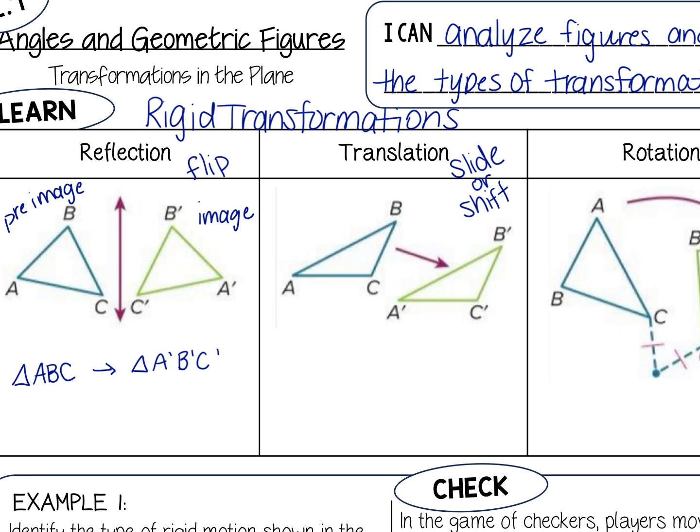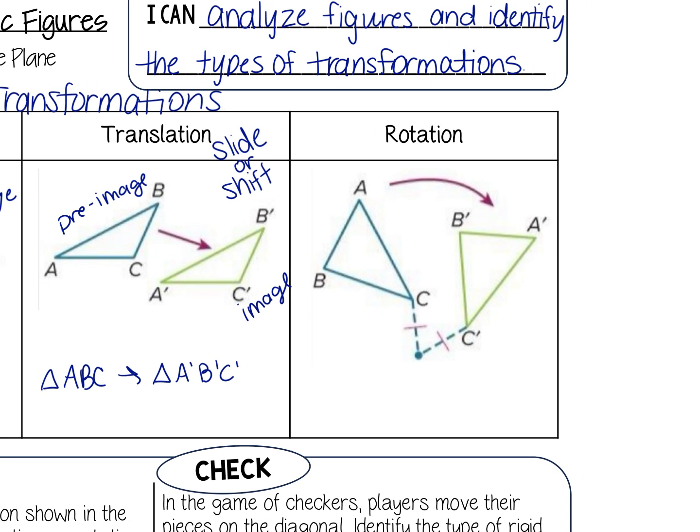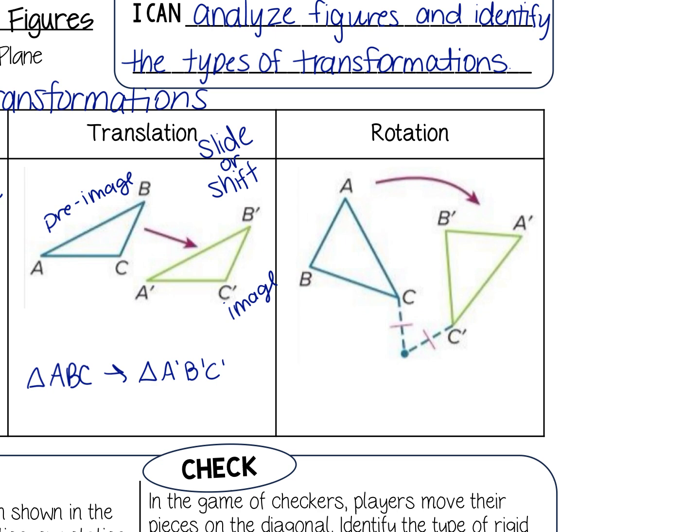Okay. And again, the way you tell which is your pre-image and your image is which one has the apostrophes. Same thing, triangle ABC becomes triangle A prime, B prime, C prime. And then a rotation, think of a doorknob, it twists or turns.